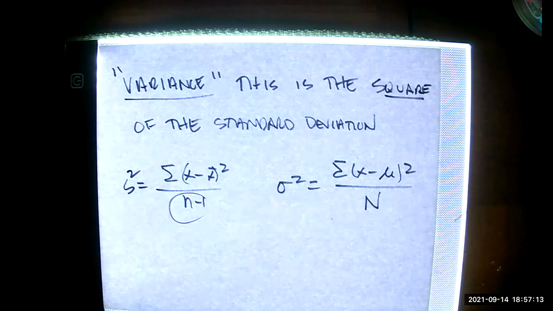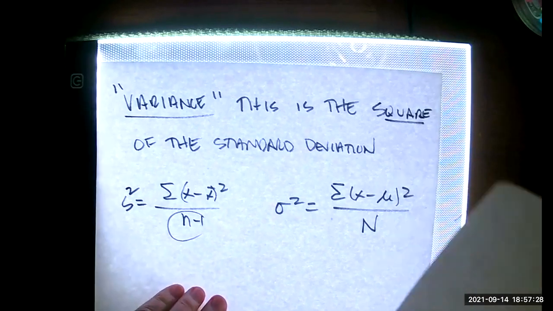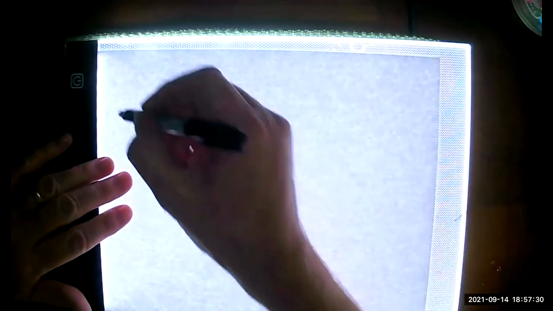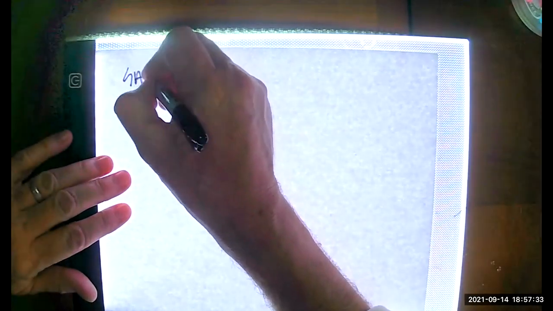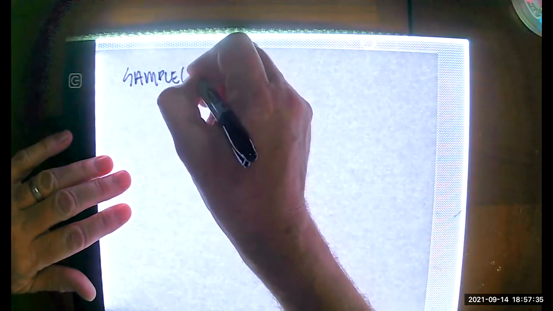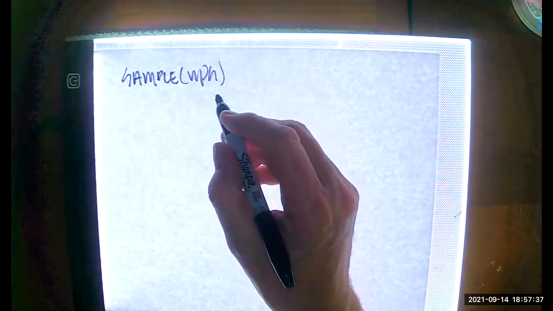So the variance is literally the square of the standard deviation. And this is really the first time I think that we encounter an issue where we really need our calculator's help. So let me go back to that last example where we have a sample in miles per hour that we just got done looking at.